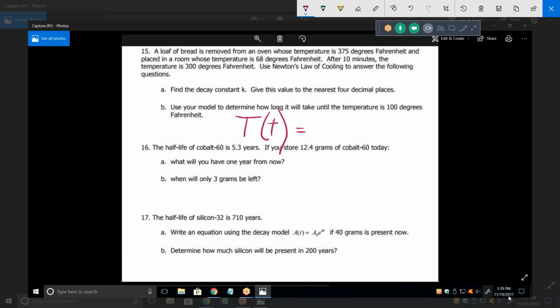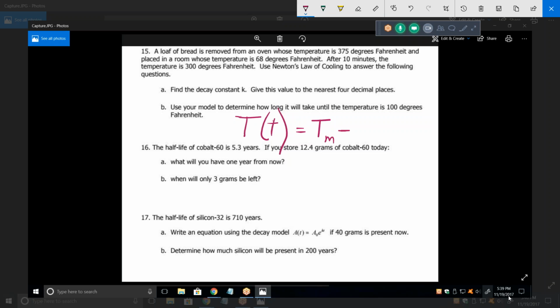So what's that equal to? T and then plus the initial temp minus T of what? All of these have subscripts. T of the medium. Remember, we've got the original temperature and we've got the medium temperature.